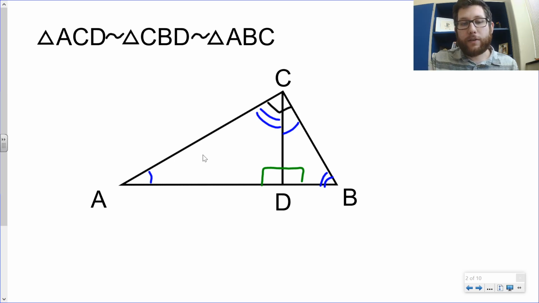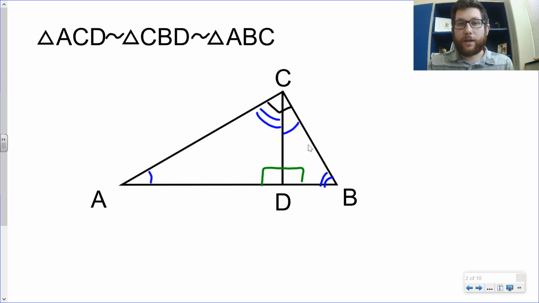It creates a triangle here on the left side and a triangle here on the right side. And what ends up happening is you end up with a right triangle, the big one, broken up into two more additional smaller right triangles. So we have a large right triangle, a medium-sized right triangle, and a small-sized right triangle.